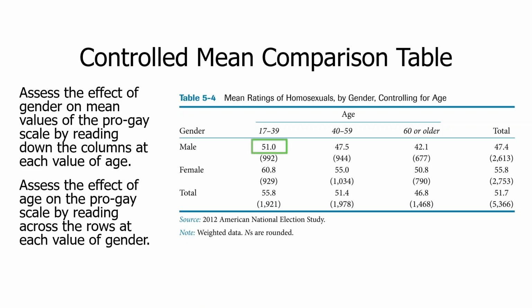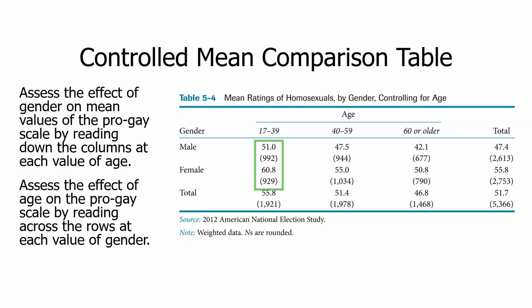On average, these 992 males rated gays at 51 on the 0 to 100 scale. With this mean, 60.8, on average, the youngest cohort females rated gays at 60.8. So the controlled comparison, the controlled effect, more specifically, would be to compare these two numbers.